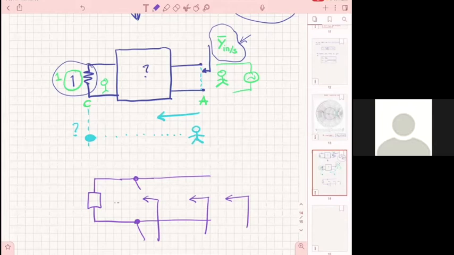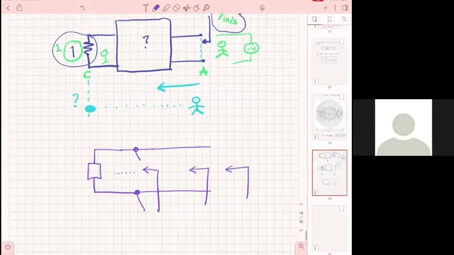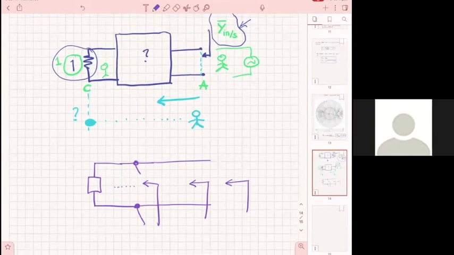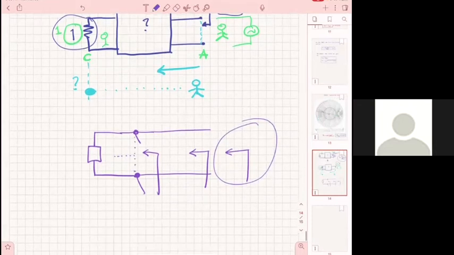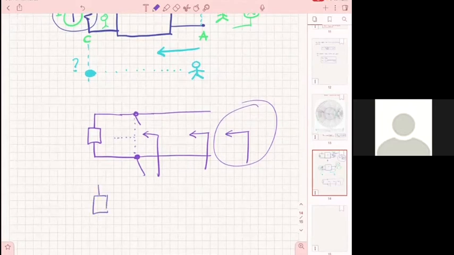So I'm starting here, but then I wanna move to the source. And when does this happen? That happens if I have a lot of information about the load, and I don't necessarily know that much here, but I want to find in every location, for example, somebody comes and says, I have this load here, which is ZL, and I want you to place something here.